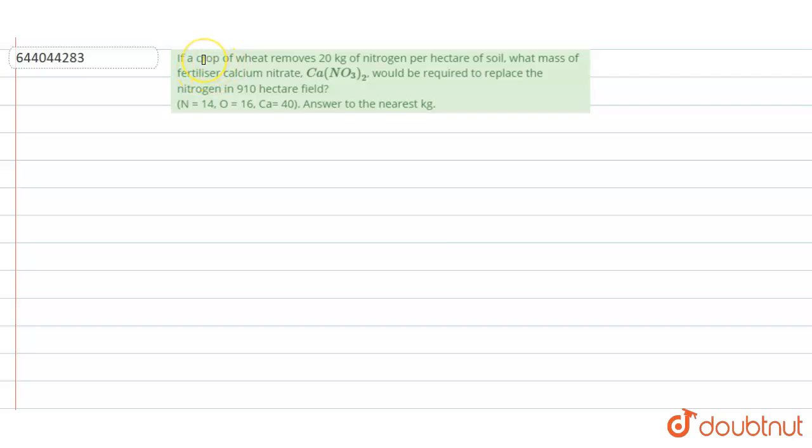Hello dear student. So in the question, a crop of wheat removes 20 kg of nitrogen per hectare of soil.